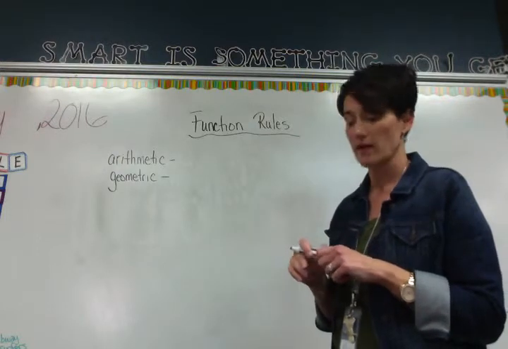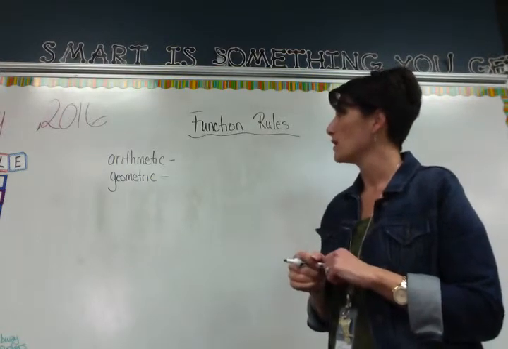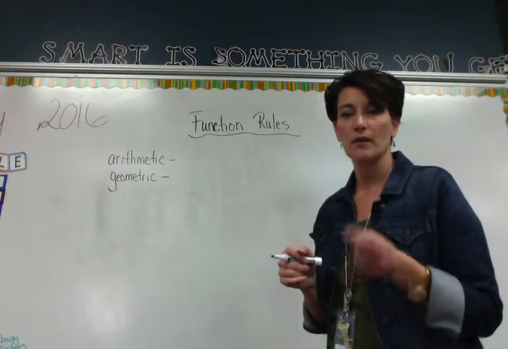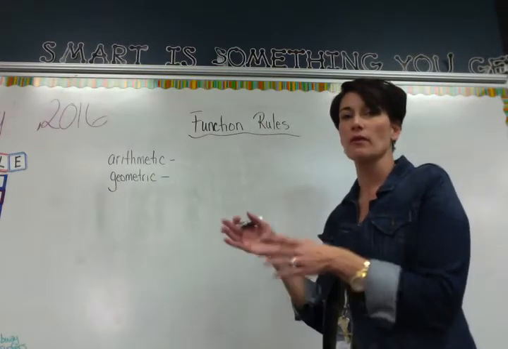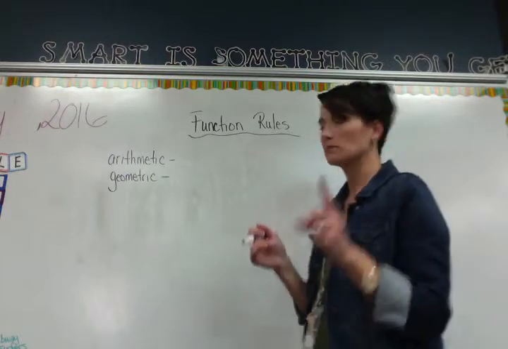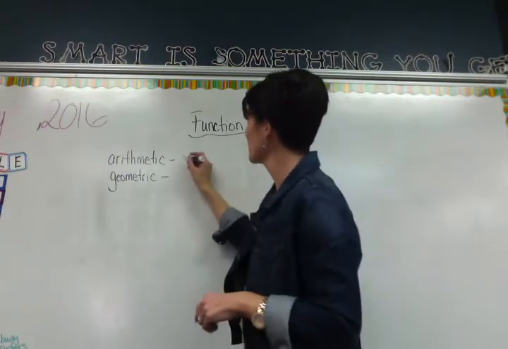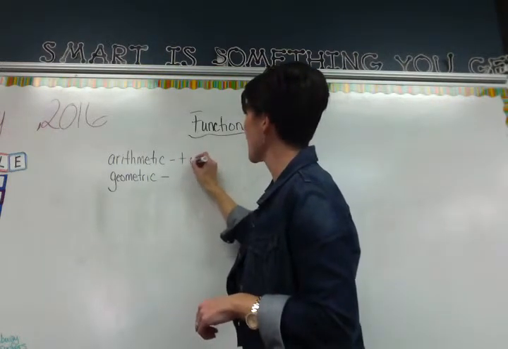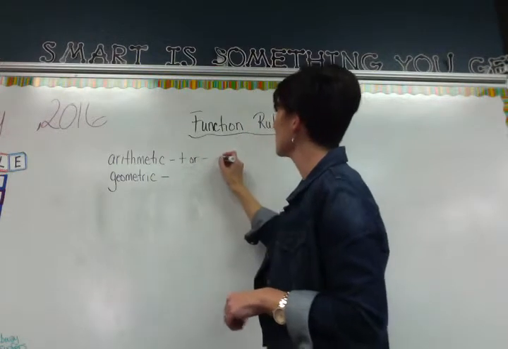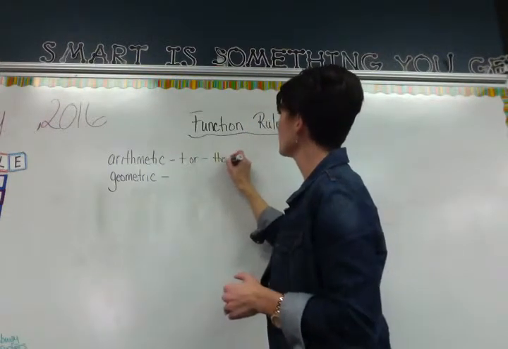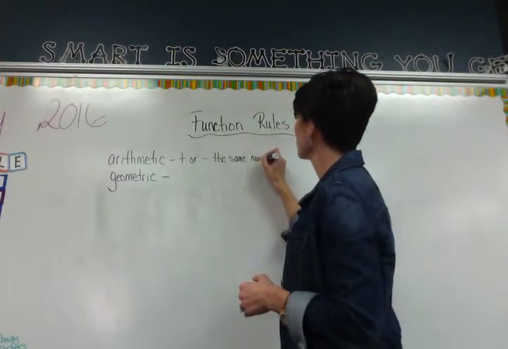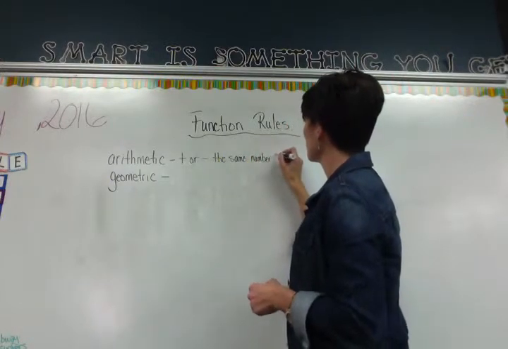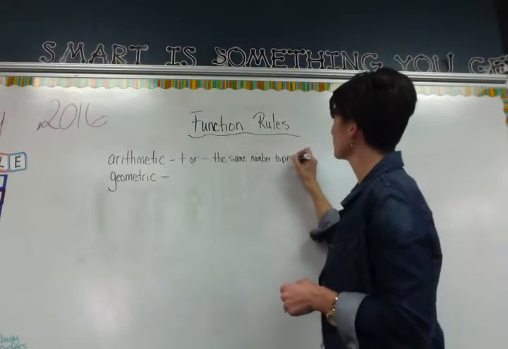All right, arithmetic. Arithmetic is when you add or subtract the same number from the previous term. Don't get scared. We're going to go through this. So I'm just going to use symbols: add or subtract the same number to the previous term.